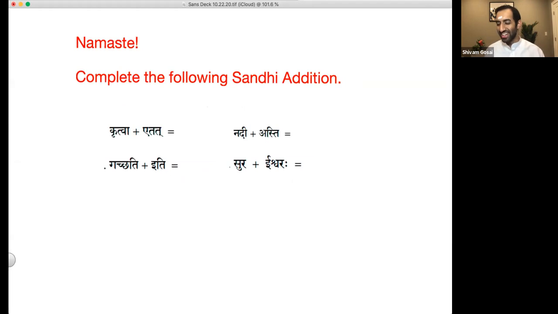So on the screen, we are doing some Sandhi edition. This is the Sanskrit edition of Sandhi edition. So we have to look at what is on the left first, right? So we've noticed that some rules we can go over: when we have avarna on the left side, a or long a, then it's going to be guna or vriddhi, right?